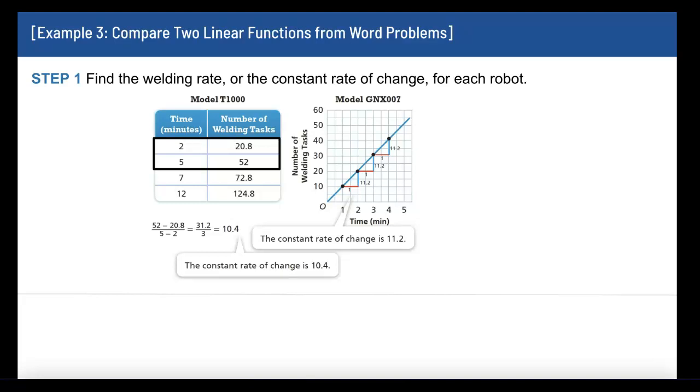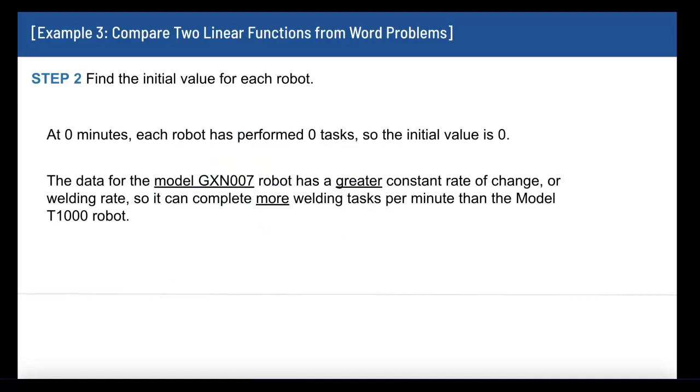Now that would not be easy to tell straight from the graph without knowing exactly where those points are, but we are going to trust the depiction here that it is going up 11.2. The other part we want to look at is the initial value. At 0 minutes, each robot has performed 0 tasks because we haven't turned them on, so the initial value is 0. So this is a proportional relationship because it's starting at 0.